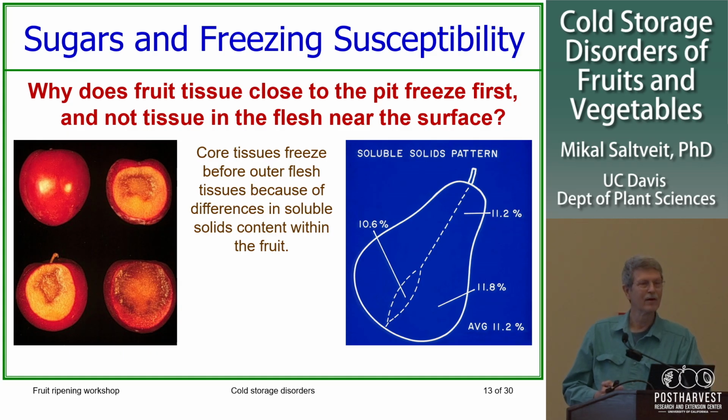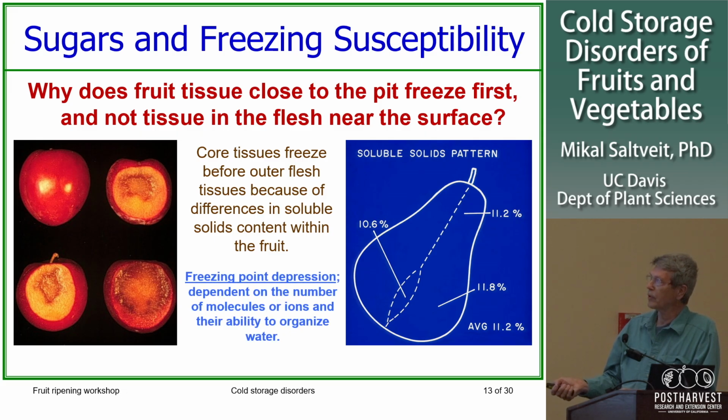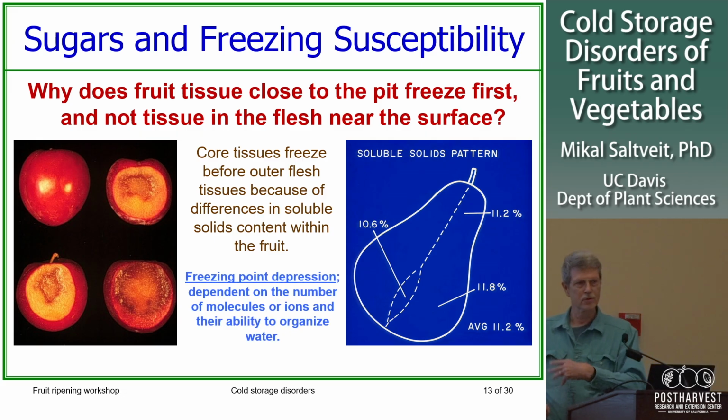So that's often kind of a problem when you have things that have frozen and all of a sudden you see the outer flesh is still good, but the inner part is frozen. Why? How could that happen? It's all because of the difference in soluble solids concentration. So freezing point depression, that's what it's called, and the solutes depress the freezing point of the material.